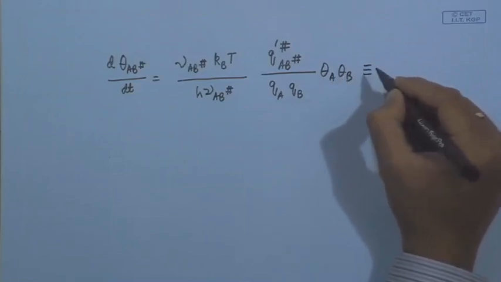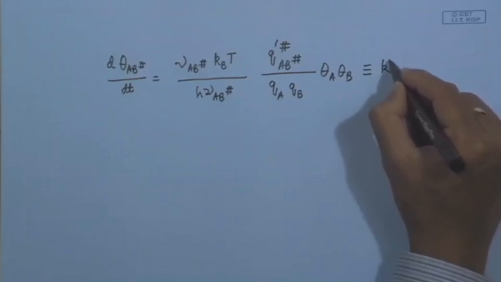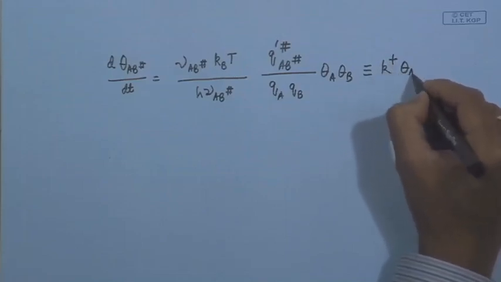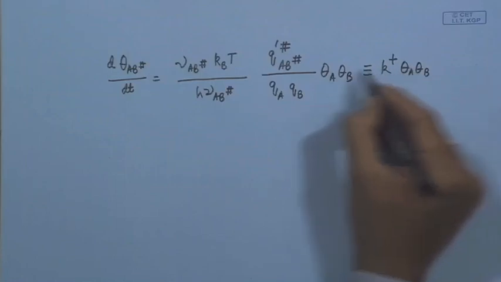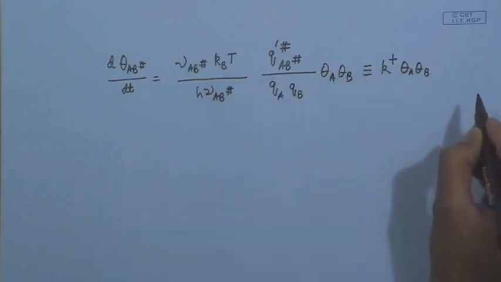You can write this as equal to K plus theta A theta B, for the forward process K plus.